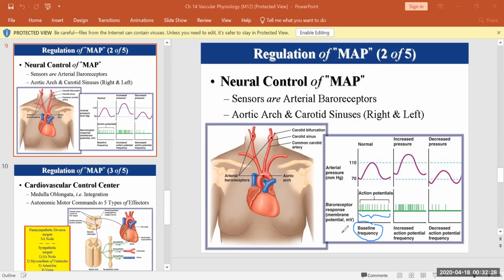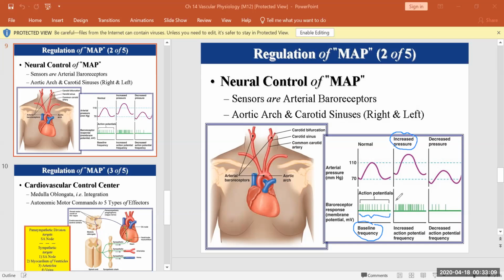As soon as blood pressure increases, so over here, right? When the pressure inside the blood vessel increases, it will distend the wall of the blood vessel, either at the aortic arch or the coronary sinuses. Once that happens, that mechanical expansion activates these neurons, inducing them to increase the frequency of their action potentials per unit time.